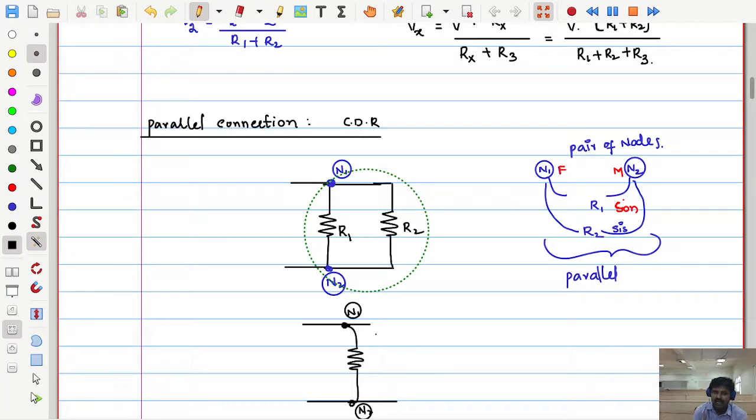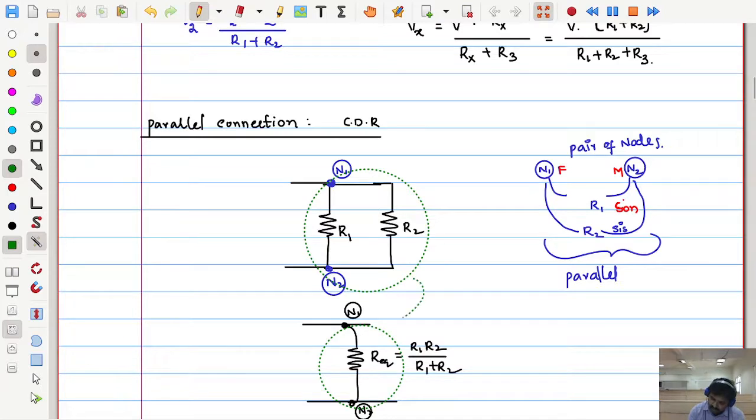When the elements are in series, then only it is R1 plus R2. If elements are in parallel, its equivalent resistance is R1 into R2 by R1 plus R2. So like this we can make the two elements into a single equivalent element, and this is its equivalent value. So this is another kind of network reduction.